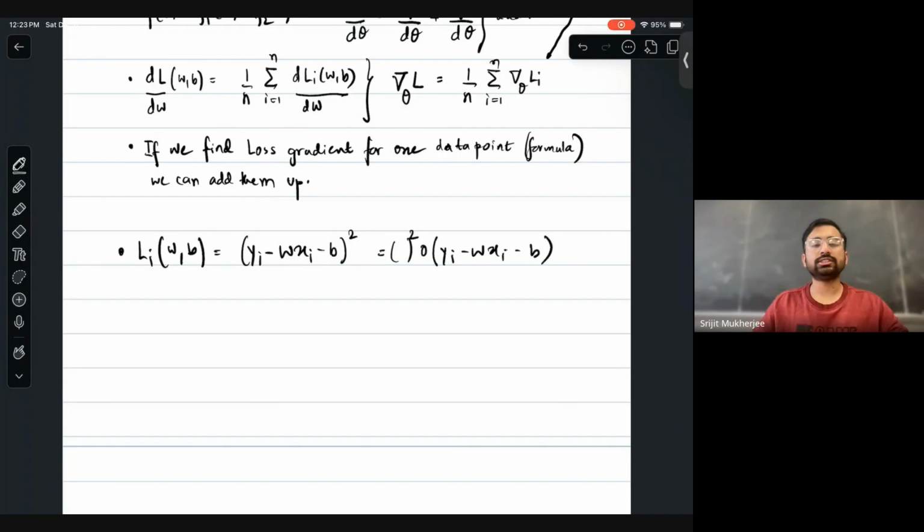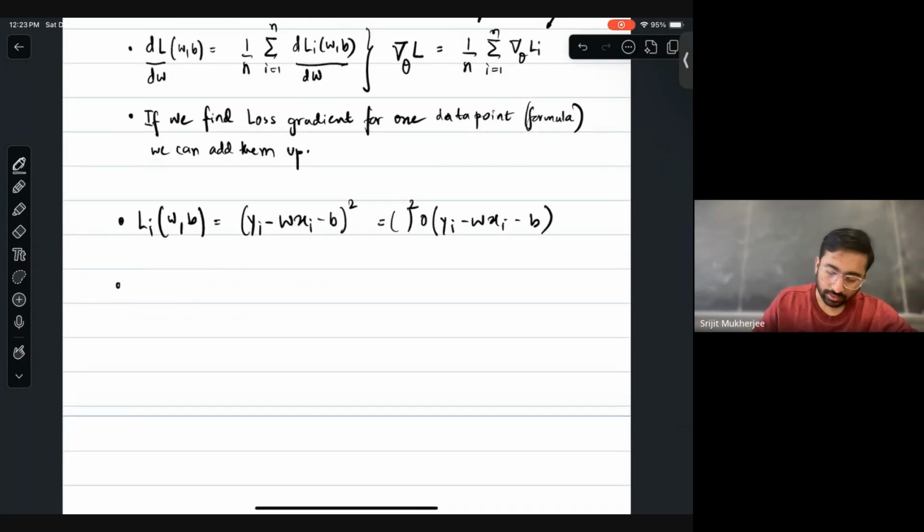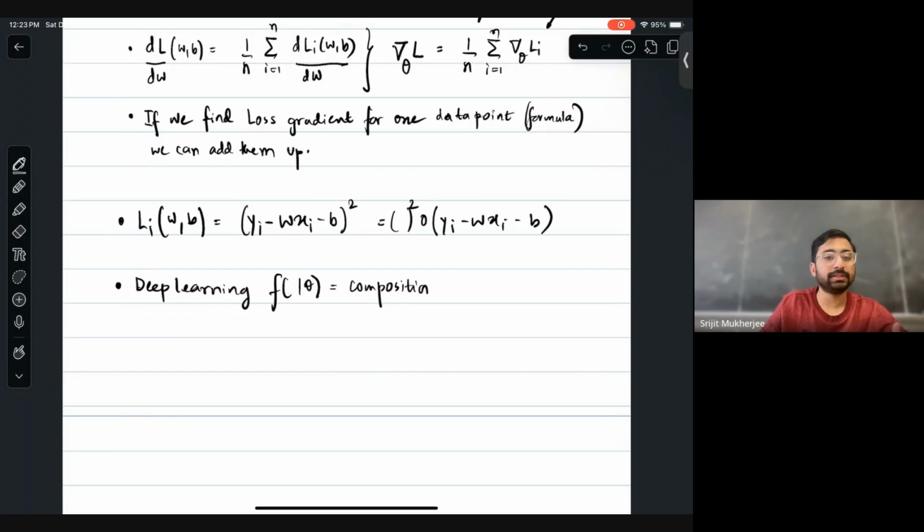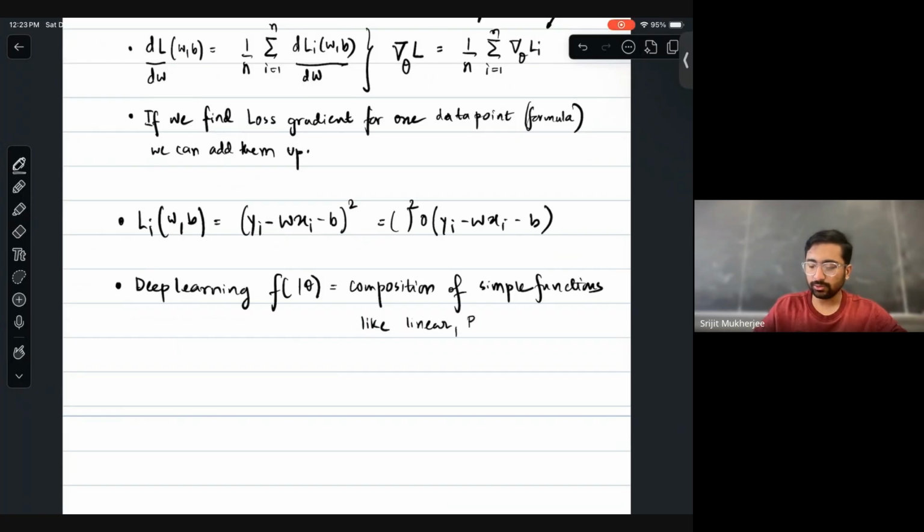This is the beauty of it: instead of finding the entire expression, we can use the idea of composition. In deep learning, the function is a composition of simple functions, like linear, ReLU, all simple activation functions, square, very simple functions, etc.